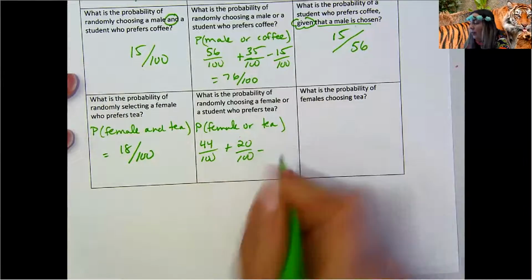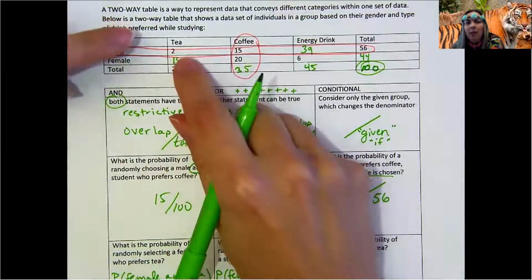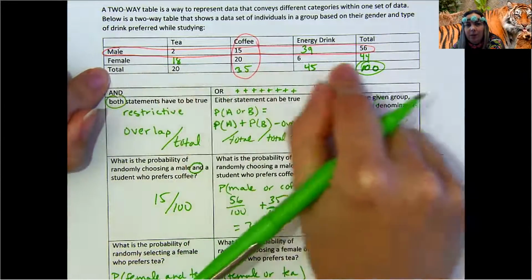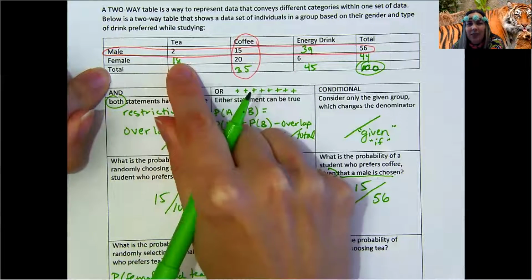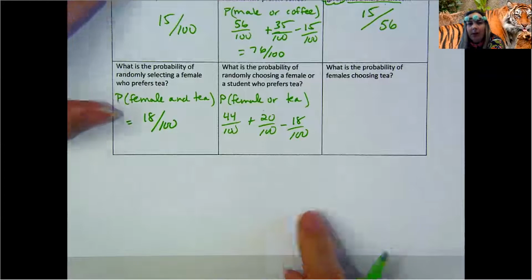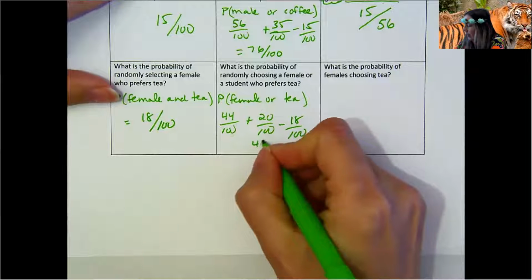And then we subtract the overlap. I didn't do the circles on this one. You can circle it yourself if you want to, but we're looking at tea and females. Tea and females, 18 is the number that's getting hit twice. So 18 is the overlap. So we've got 44 plus 20 minus 18, which is 46 out of 100.